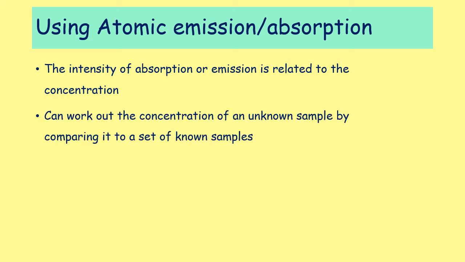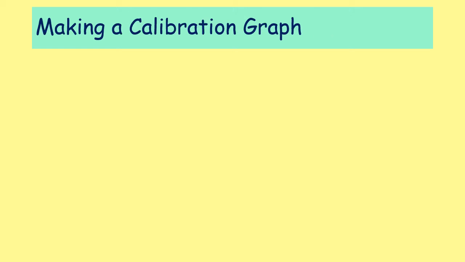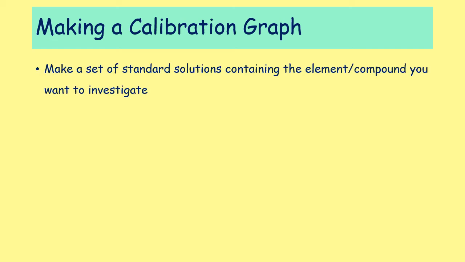We can work out the concentration of a particular atom within an unknown sample by comparing its absorption to a set of known samples. So what we need to create is something called a calibration graph or a calibration curve. So there are a few steps to making a calibration graph.